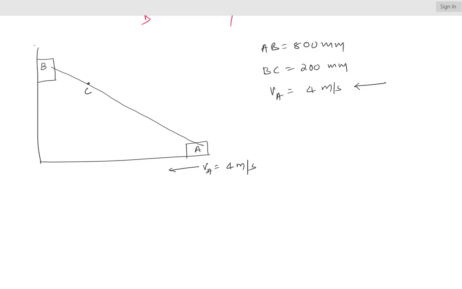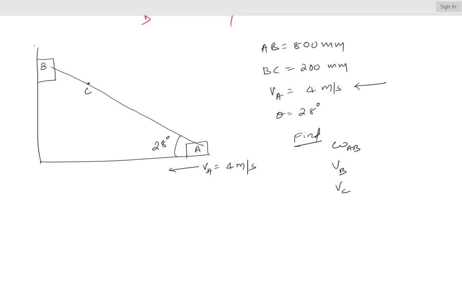And what else is given? We know this angle theta is 28 degrees. I think that's all that is given. And what do we need to find? Here I'm going to write theta is 28 degrees. What we're required to find are omega AB, VB, VC.